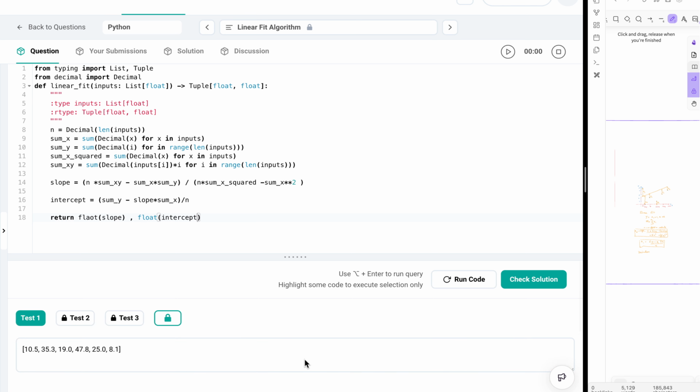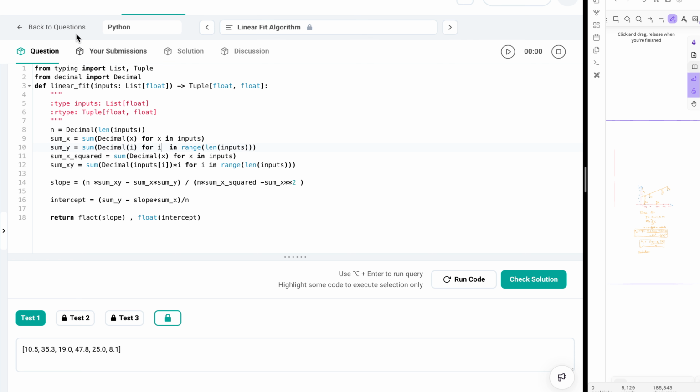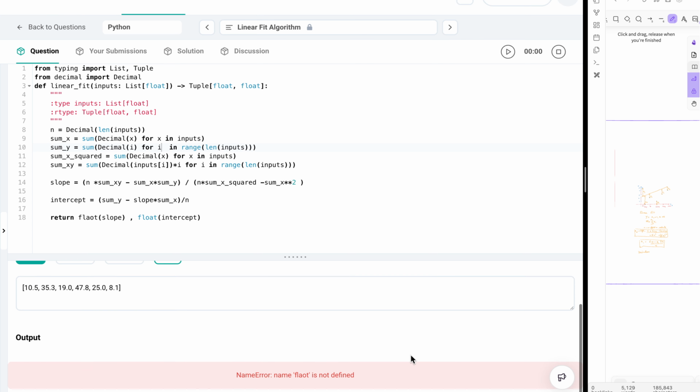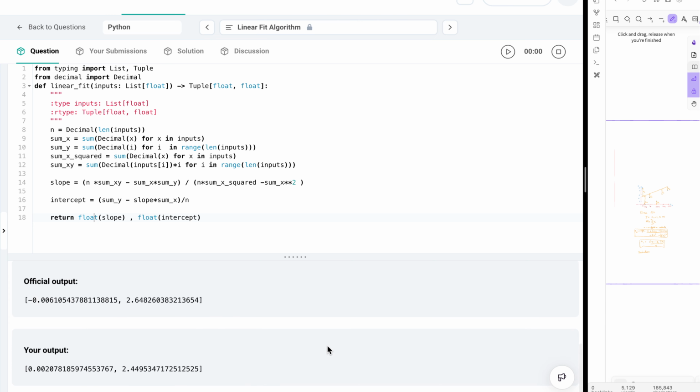So it says I have made some error in for i in range. This is the closing bracket, this is the opening bracket, and we need i because I forgot to mention i. And now let's run it again. So there is one more error of float. So this is float. Now let's run it again. So it is saying that I'm missing some values for small inputs.